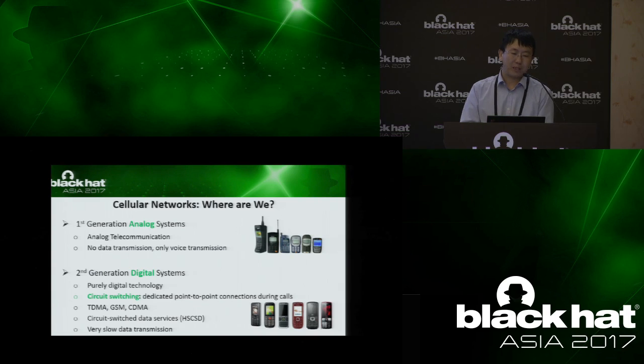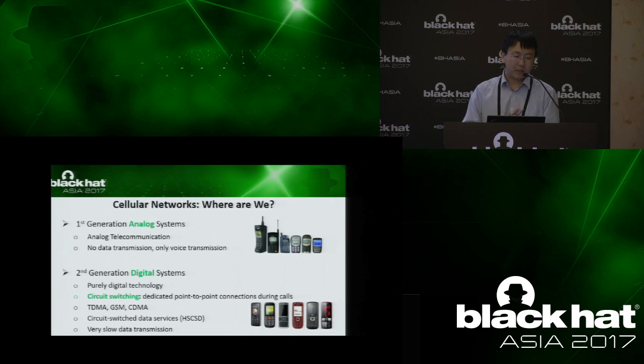And at that time, we didn't have data transmission on the first generation network. Then in the early 1990s, we had the second generation. The feature of the second generation is digitalization, which means the voice and data are digitalized before transmission. However, it is limited by circuit switching, which requires a dedicated point-to-point communication between the sender and receiver when doing a message exchange.